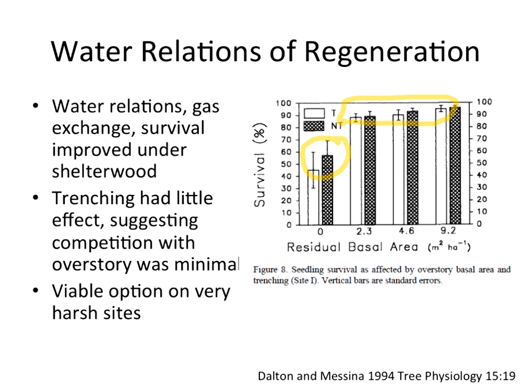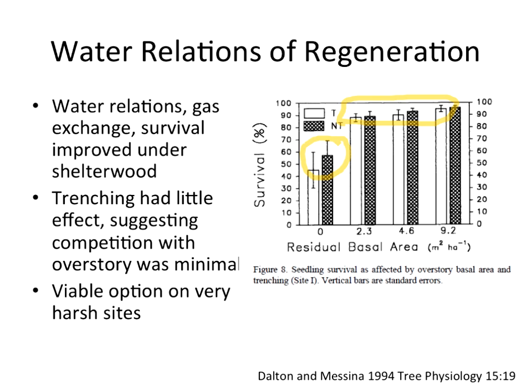Now, one thing that these authors were interested in looking at was, okay, but to what extent do the overstory trees compete with these seedlings for water? So they also had a trenching treatment where they dug trenches around the seedlings to isolate them from the roots of the overstory trees. And in general, those trenching treatments made no difference.